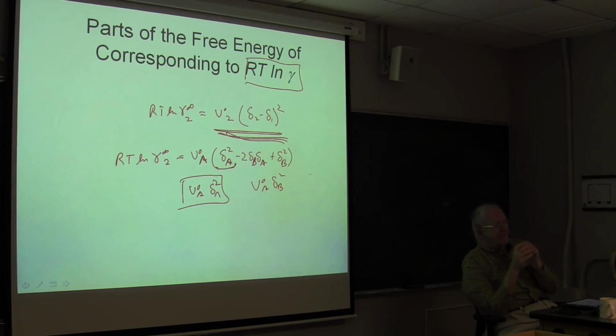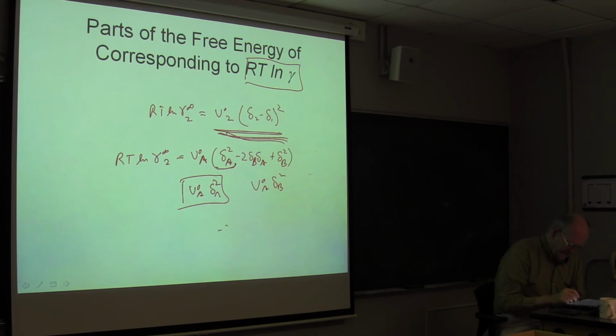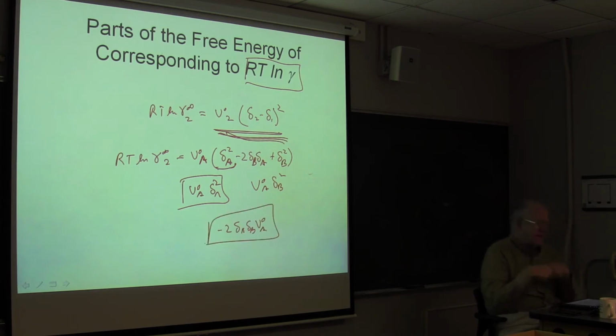If the A were really tiny, it wouldn't require creating such a cavity or gap or whatever you would want to call it in the receiving solvent. And then the middle term is the energy that we get back by forming the A-B interactions.